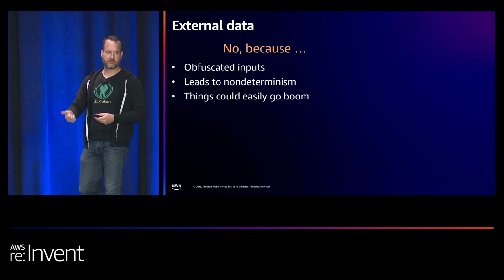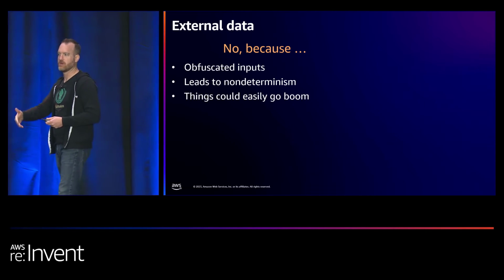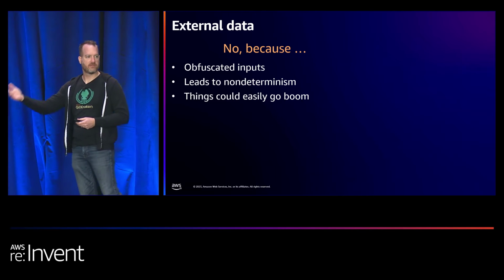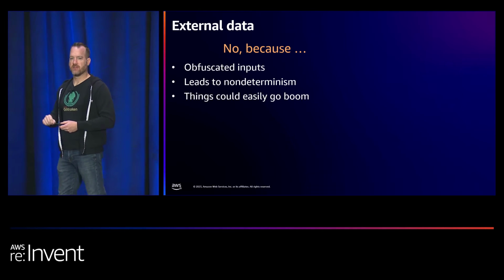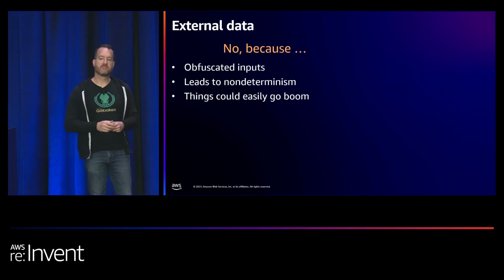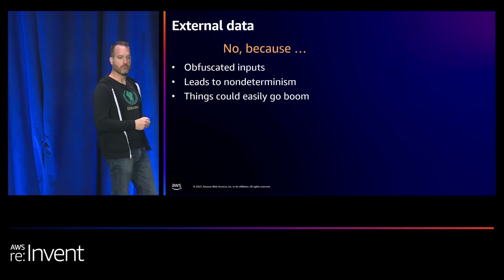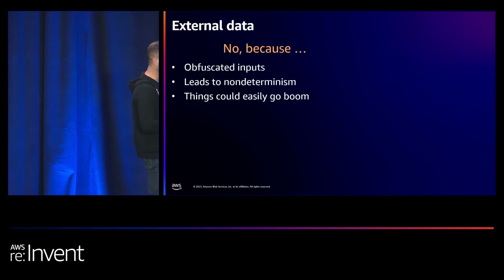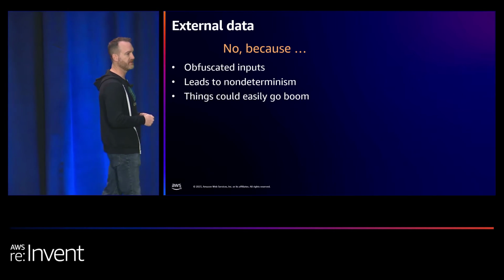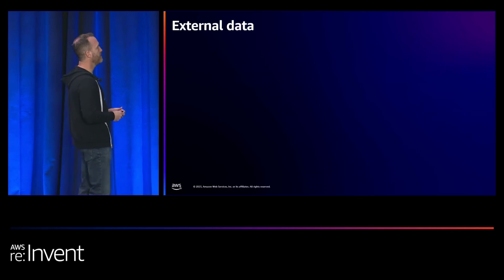You have to trust that every single time you write your CDK and you synthesize your CDK code, you're gonna get the same outputs if you gave it the same inputs. And this obfuscates those inputs. You can't see them. So if they change, you may have different outputs. And when that happens, things could easily go boom, and you could have outages, and you could have customers complaining at 2 in the morning, and they could be asking for money back, and I don't like giving money back to people. So how do we do this right?